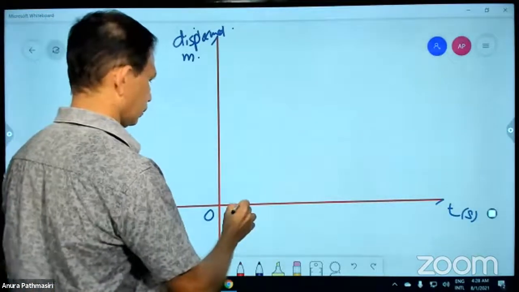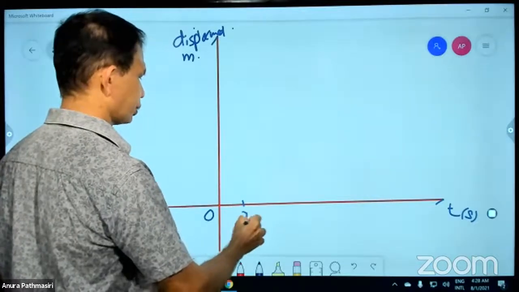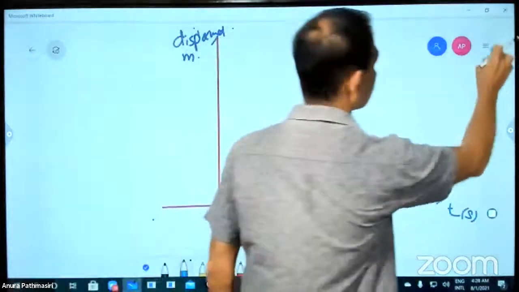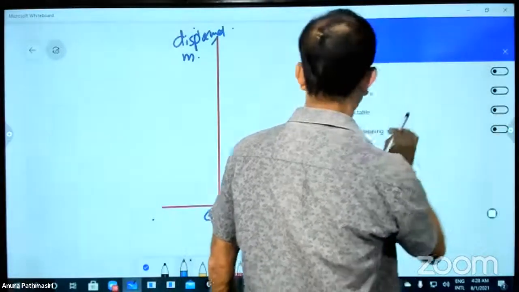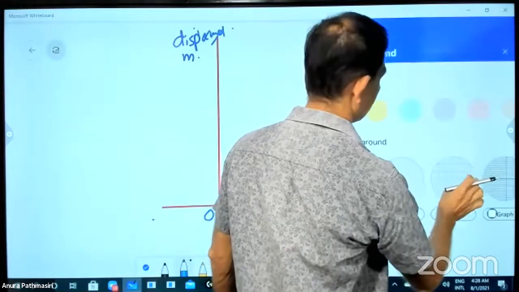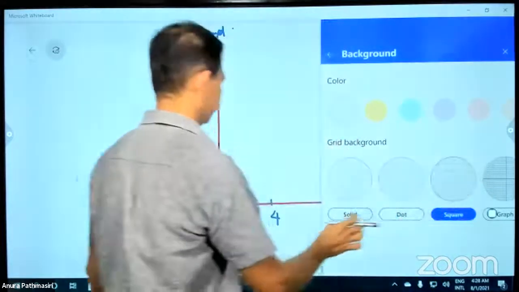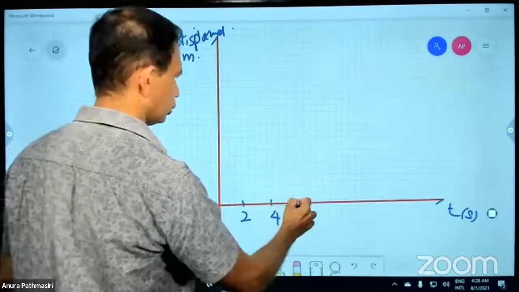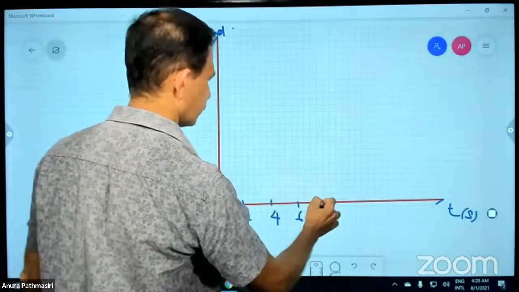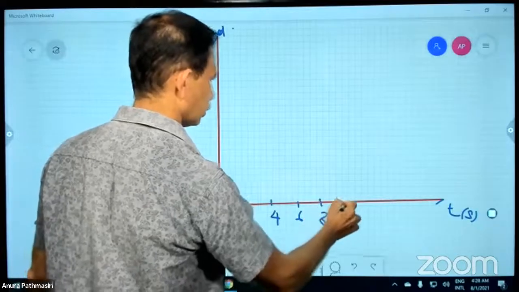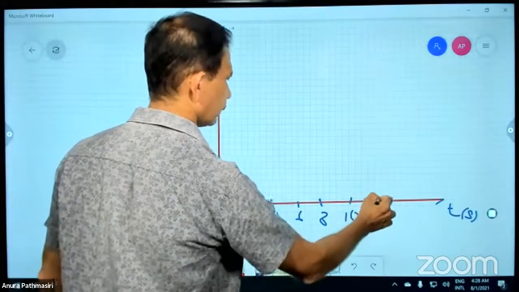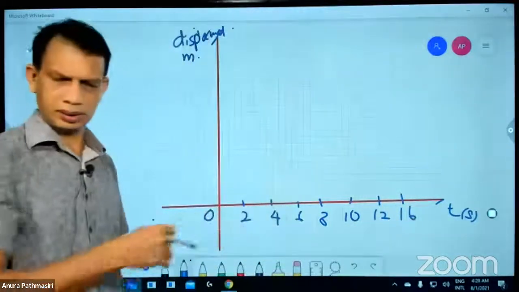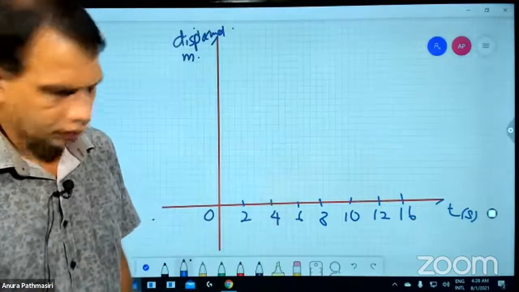And I put time intervals as 2, 4, 6, 8, 10, 12, 16, 18.